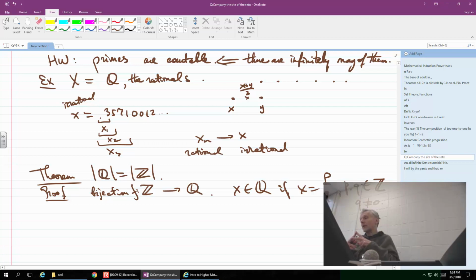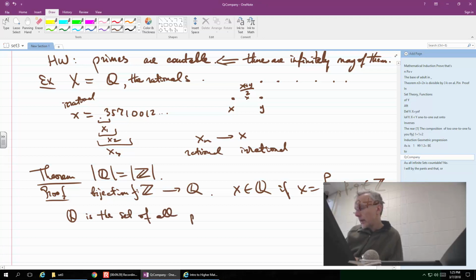So you can argue that the size of the rationals is the square of the size of the integers. So Q is the set of all pairs of integers.